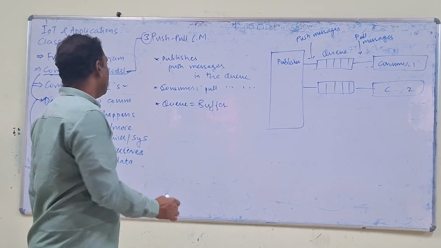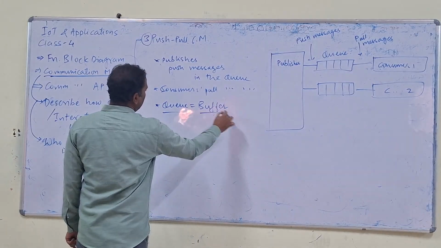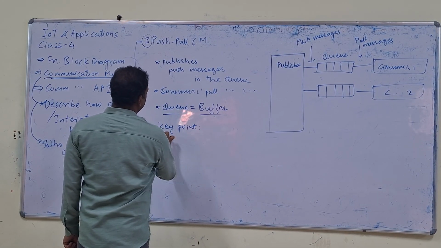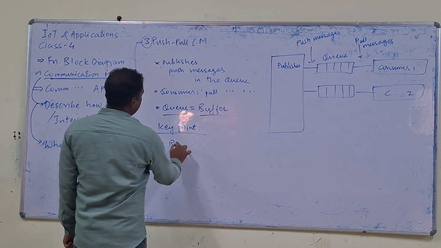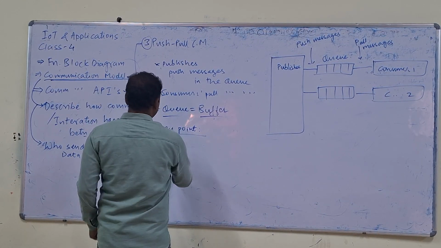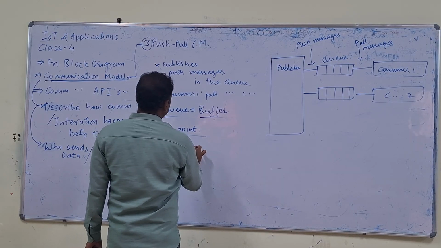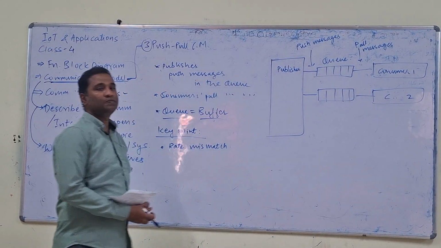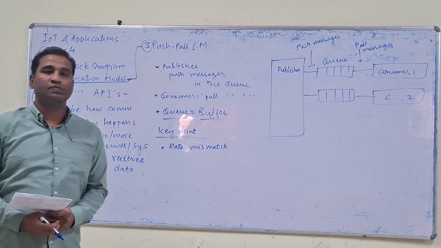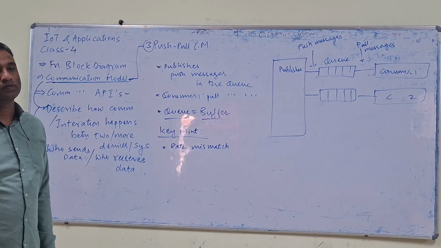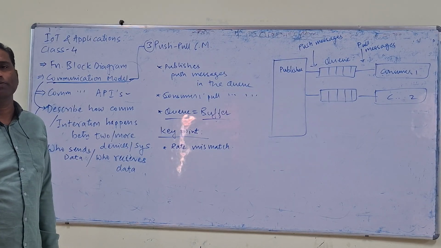Understood? Yes, sir. So, when we use this communication model, what is the key point? The key point is rate, exactly. Speed mismatch or rate mismatch. Rate is with respect to time.